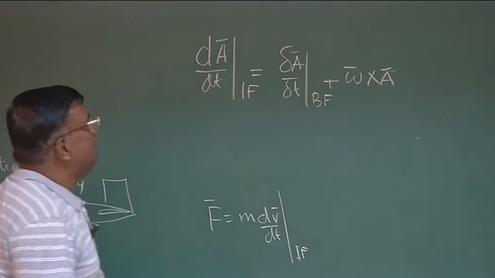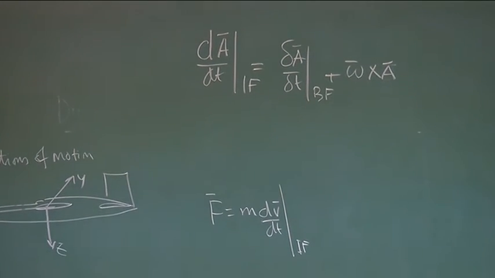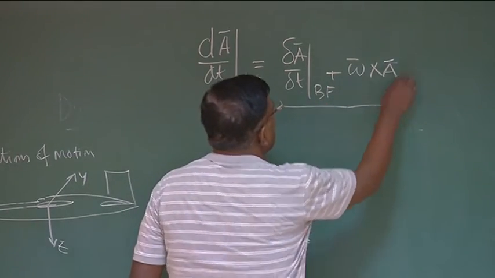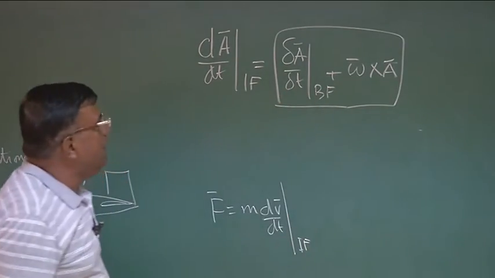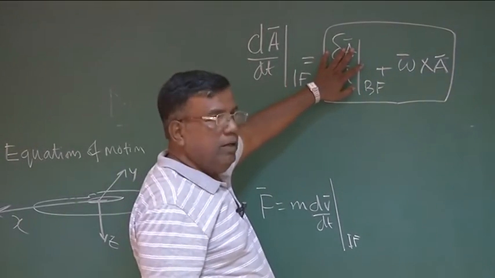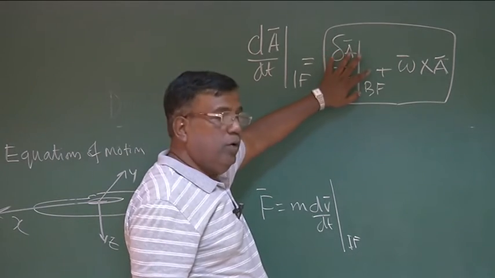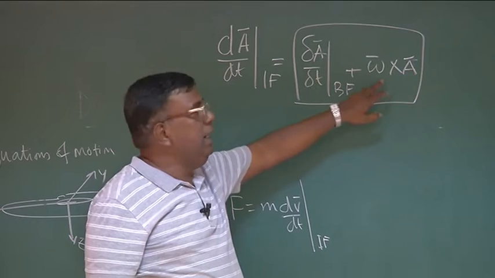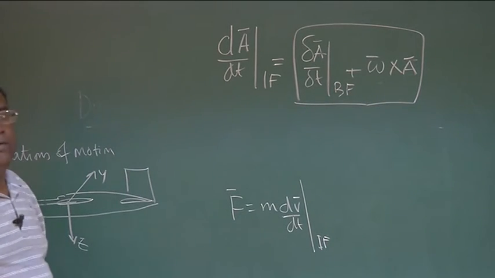So this relationship helps us to work in the body frame. What is the message? Either you work in the inertial frame, or if you want to work in the body frame, which is our motivation, you can work provided you give this correction, omega cross A. Right? And that is how the equations of motion were developed.